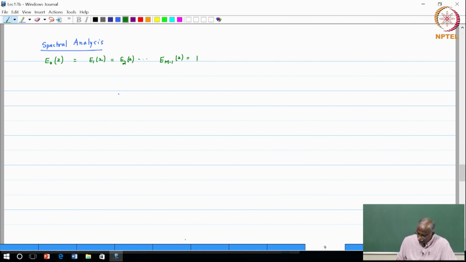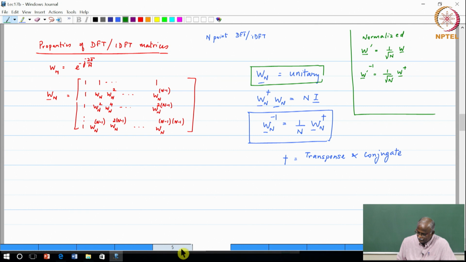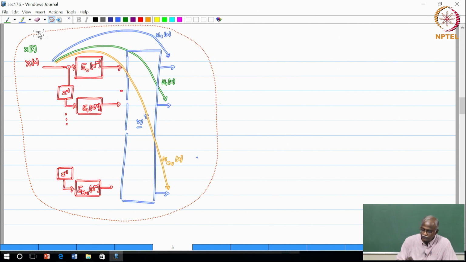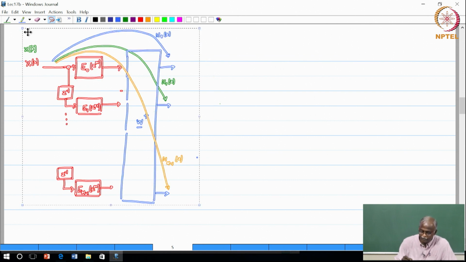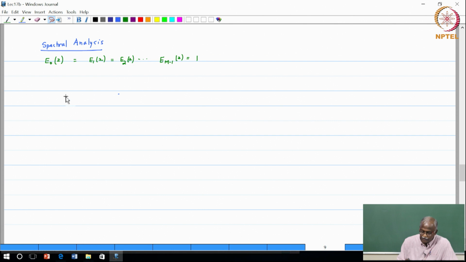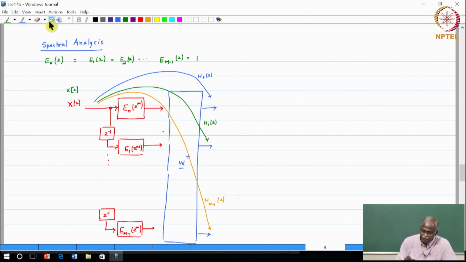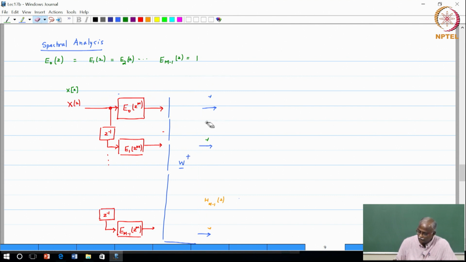So, I would like to once again go back to the filter that we derived and see if I can just use this to simplify my drawing. Maybe it would have been easier for me to redraw the whole thing. Let me see if we can reuse this one. Okay. So, I am going to erase those unwanted lines and keep only the ones that are necessary.